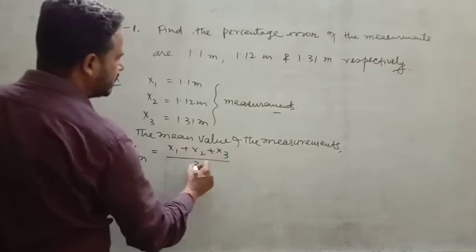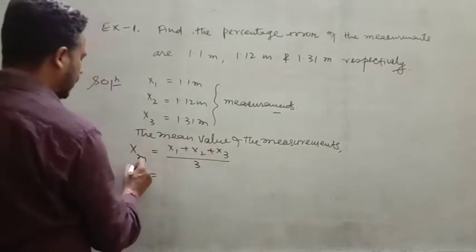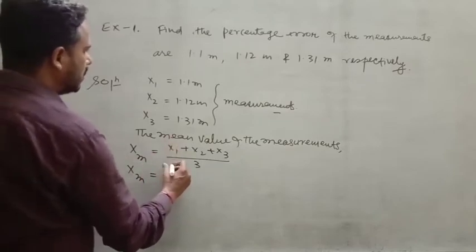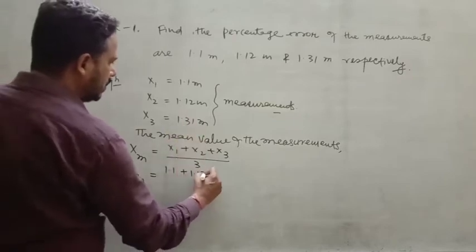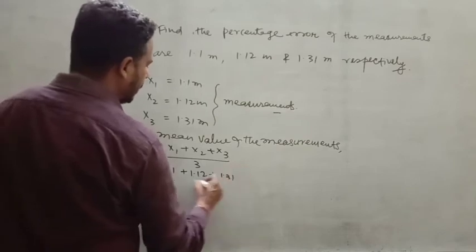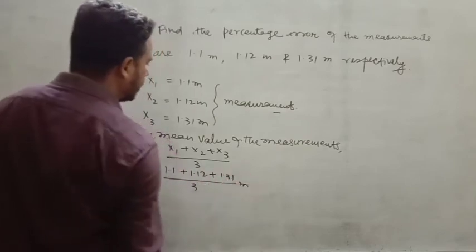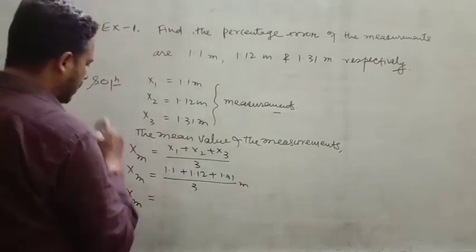Then put in the values. So x mean is 1.1 meter plus 1.12 plus 1.31, all in meters, divided by 3.